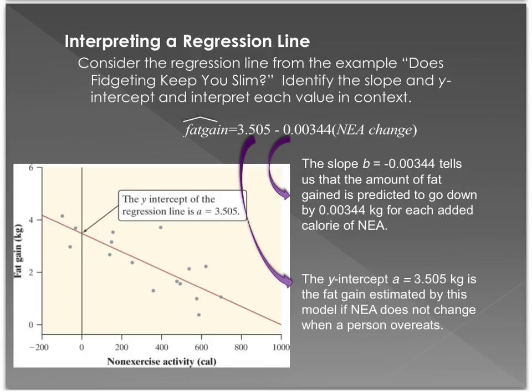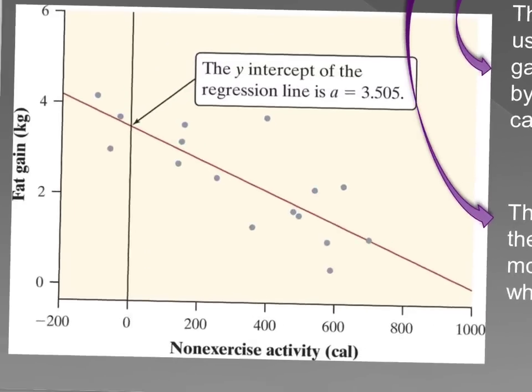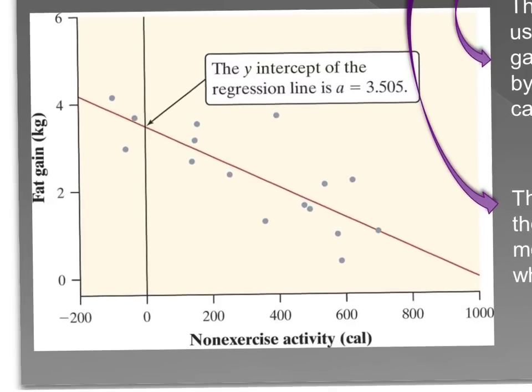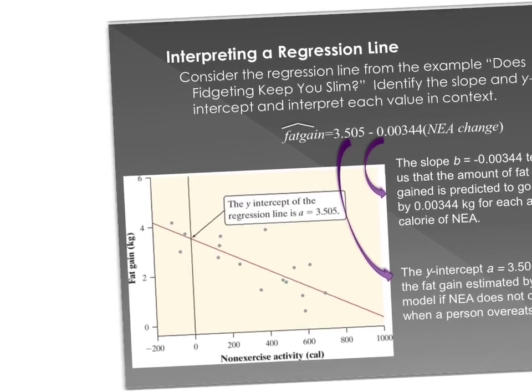So we look at this example of the relationship between non-exercise activity and fat gain. We can see here that this equation goes through the middle of these points. Remember, this is a negative linear, moderately strong regression line. We use this line to predict different values of x that may or may not have shown up in our data set.